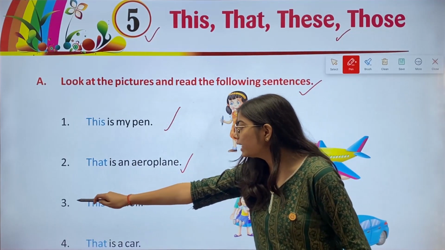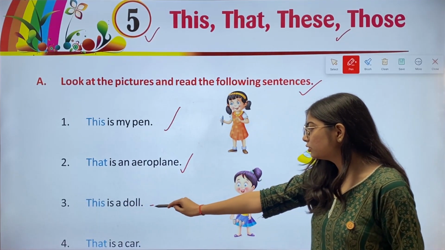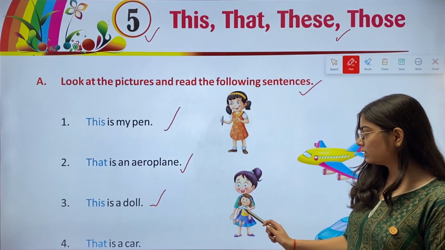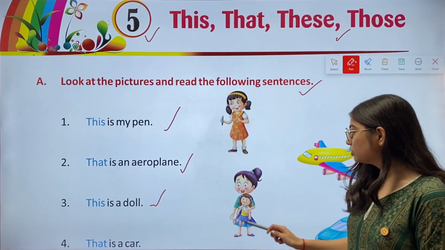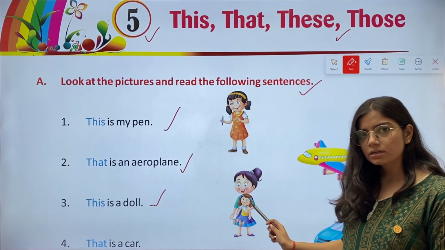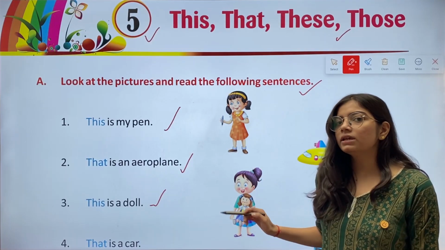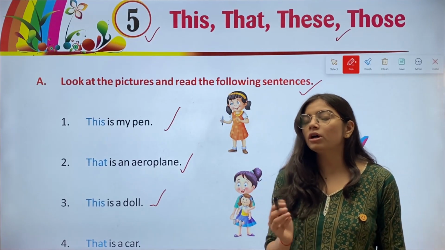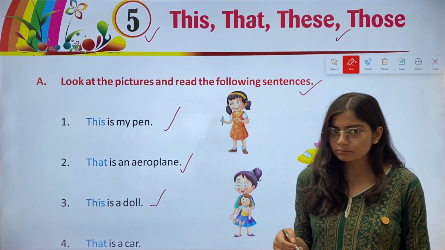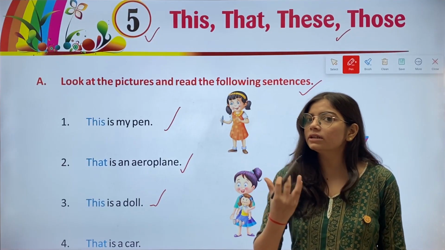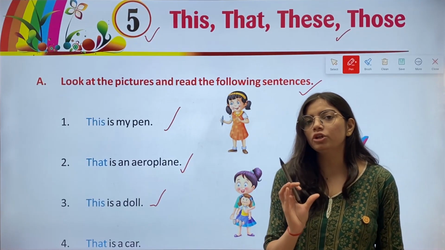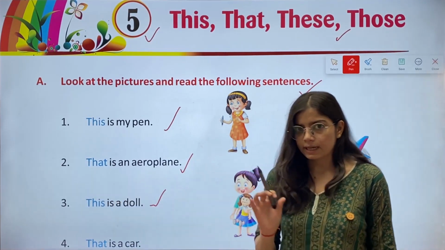Okay. Then we have third, this is a doll. Then there is another girl you can see. She's saying this is a doll. As you can see, she is holding a doll in her hand. Right. So that is near to her. So we use the word this here.